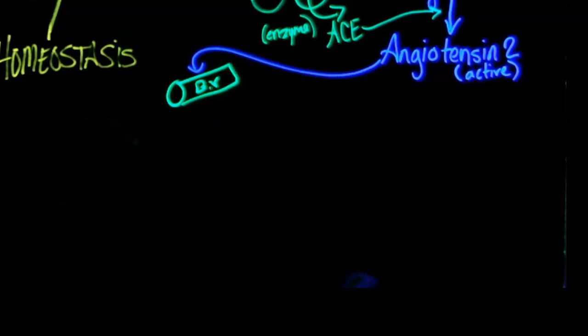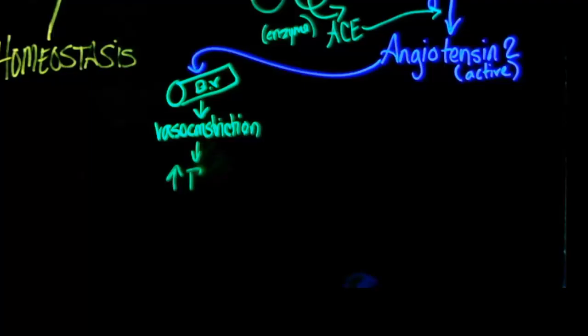This is where the angio piece of that name comes in. And when blood vessels' receptors are bound by angiotensin 2, this causes vasoconstriction. And vasoconstriction is going to function to increase blood pressure. That increase in blood pressure is just the thing to negative feedback over here to an elevated blood pressure.